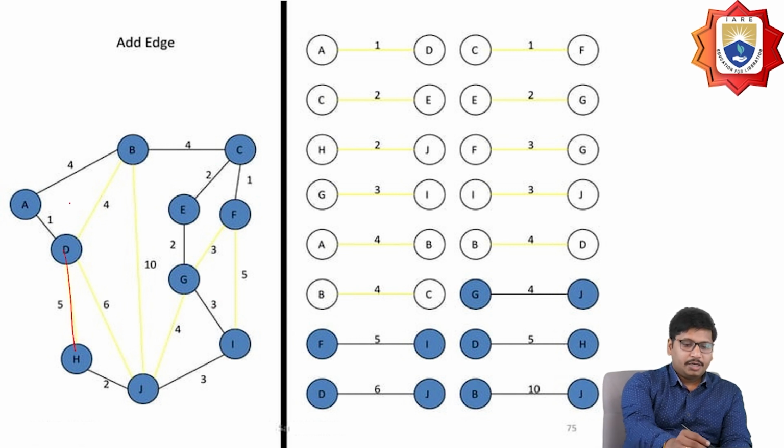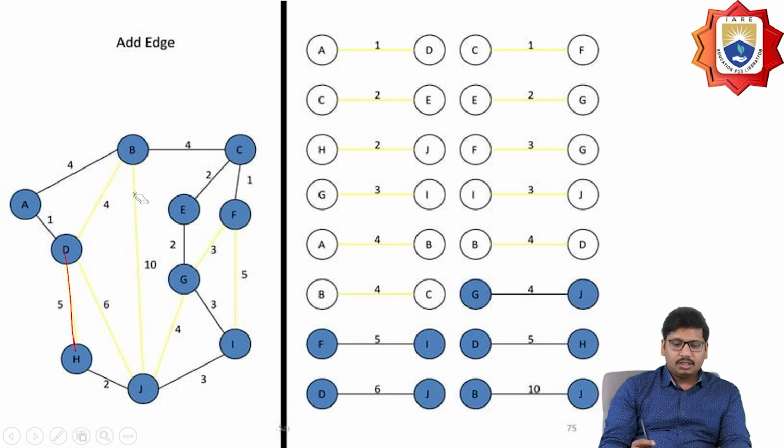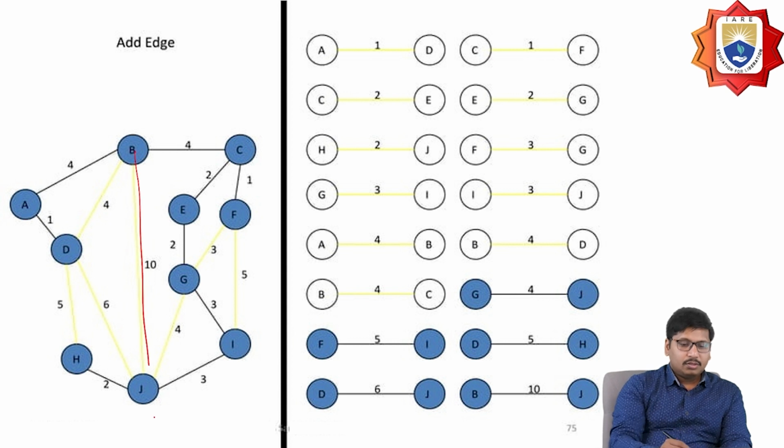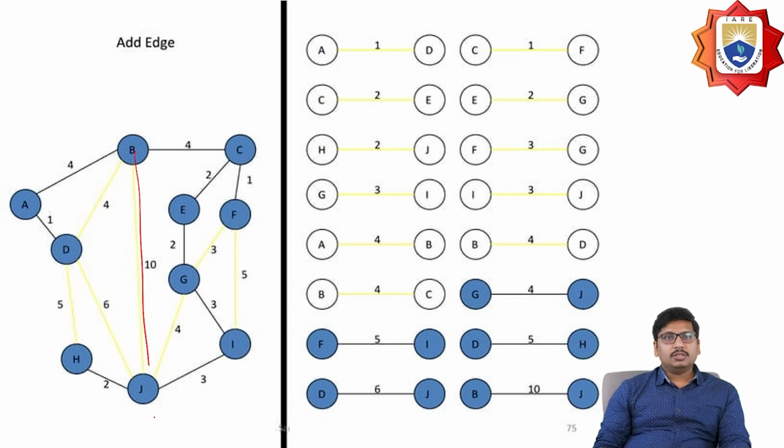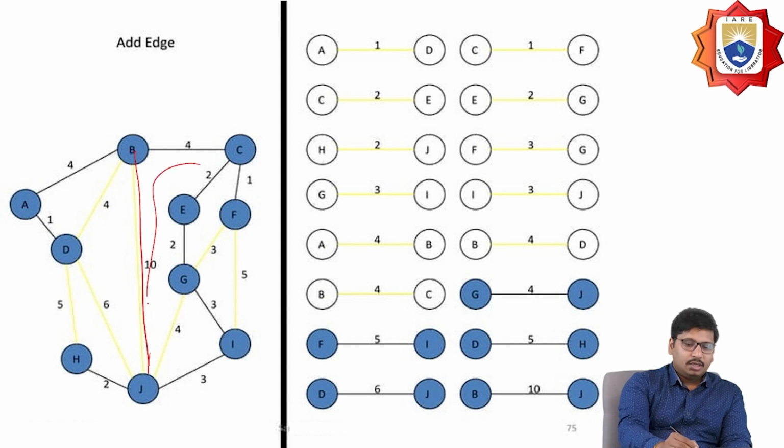So the loop is obtained, so not considered. And DJ. So DJ also, loop is obtained. We'll not consider this one also since it forms a cycle here.